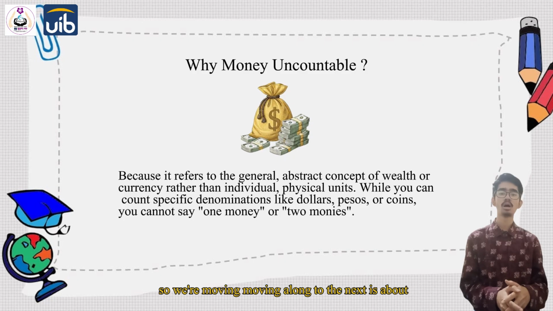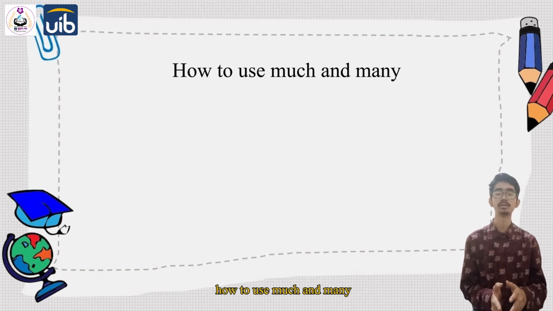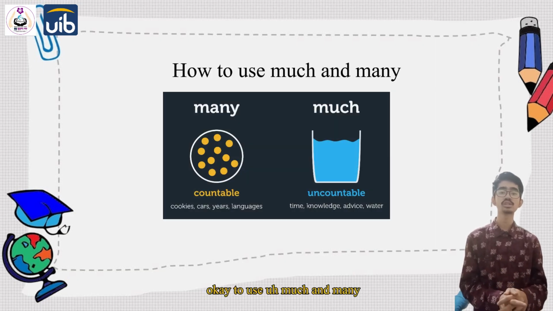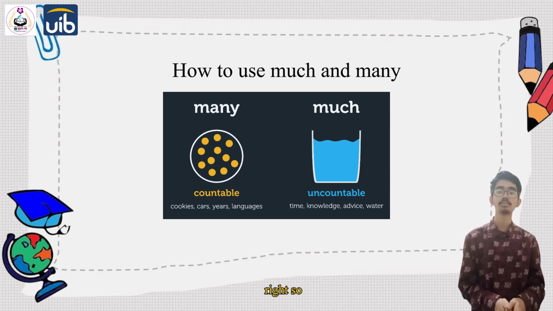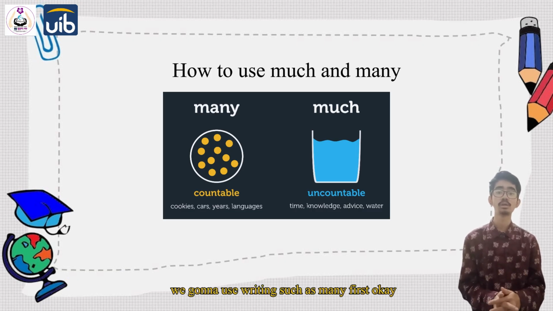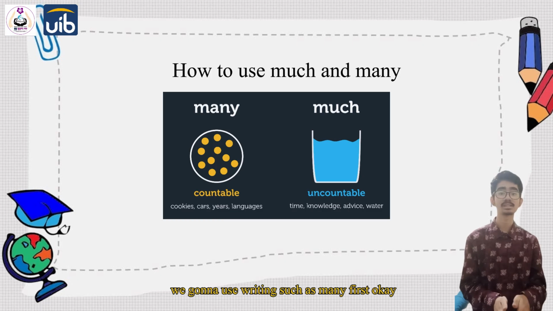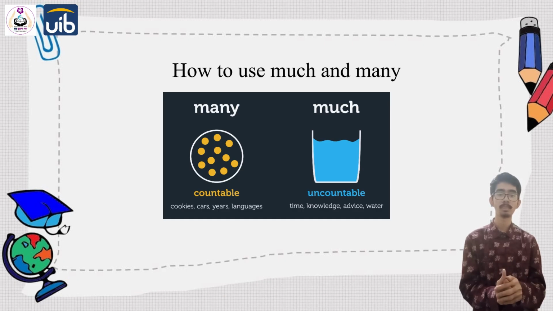Moving along to the next topic, how to use much and many. To use much and many, we need to understand countable and uncountable, right? Because you already understand those, we're going to start with many.